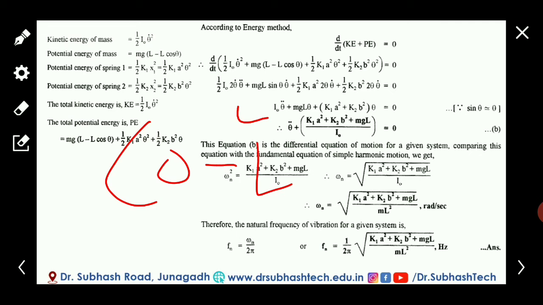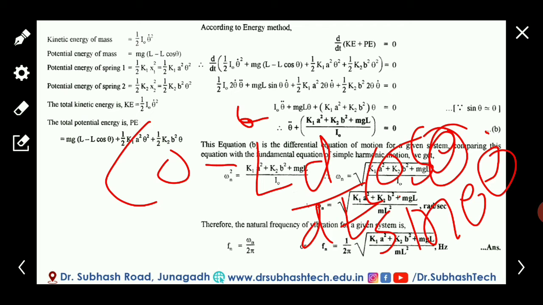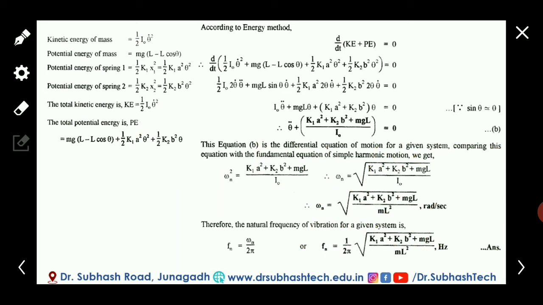L stays as it is, and only d by dt of cos theta remains. The differentiation of cos theta is sin theta, and theta again differentiates to theta dot, so L sin theta theta dot, and mg as it is, so mgL sin theta theta dot.